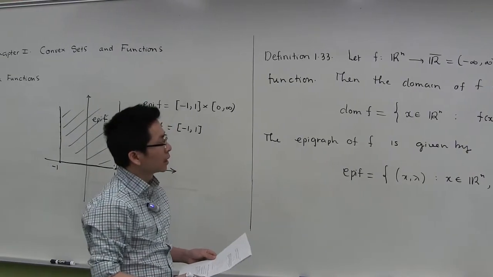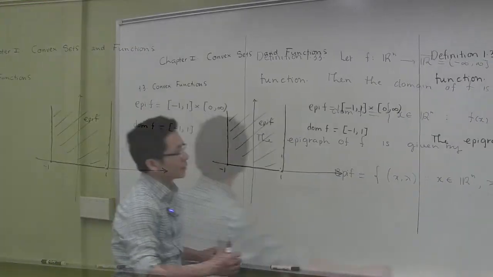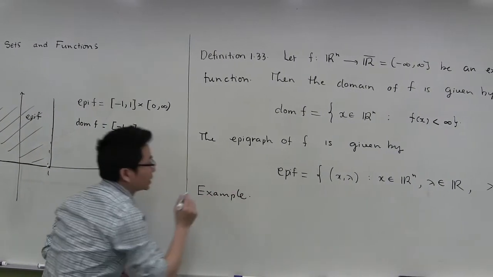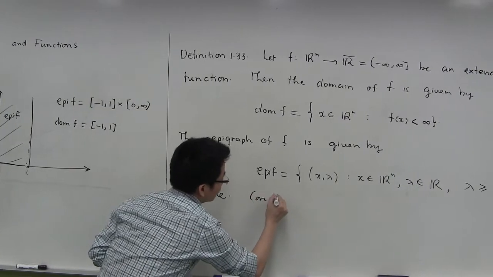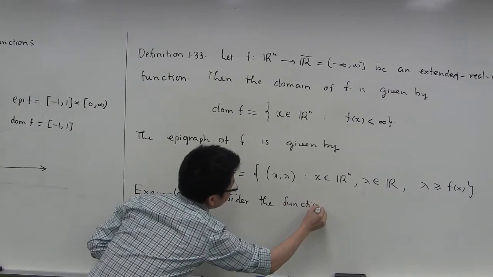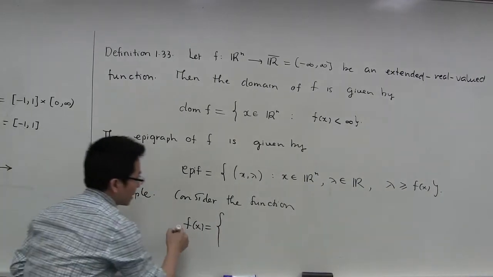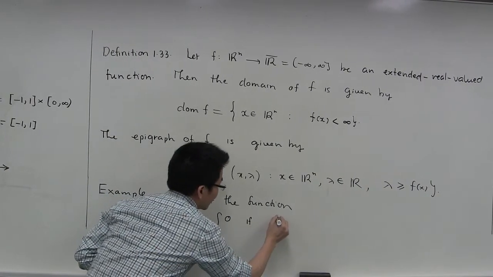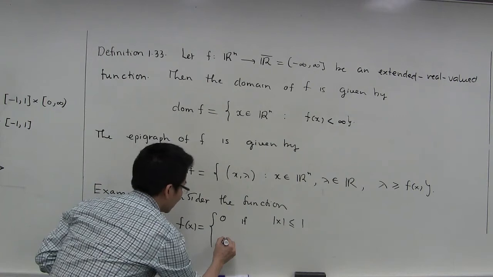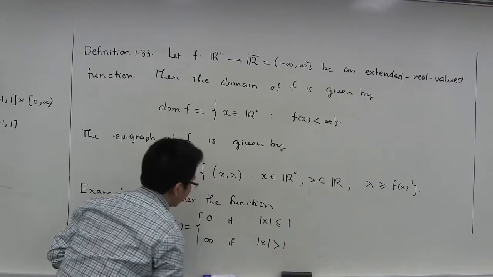So in order to understand these concepts, I'm going to give a simple example. We consider the following function f of x given by f of x is 0 if the absolute value of x is less than or equal to 1, and infinity if the absolute value of x is strictly greater than 1.